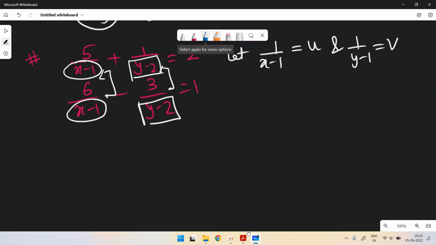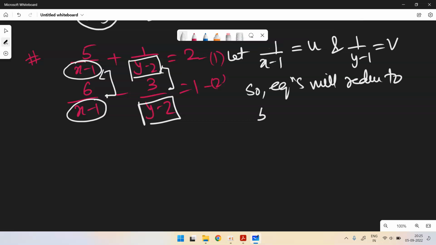So after substituting these values, suppose I take this as equation 1 and this as equation 2. The equations will reduce to 5u plus v equal to 2, and 6u minus 3v equal to 1.